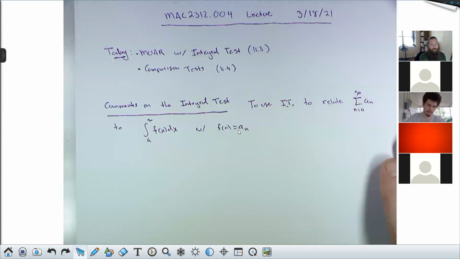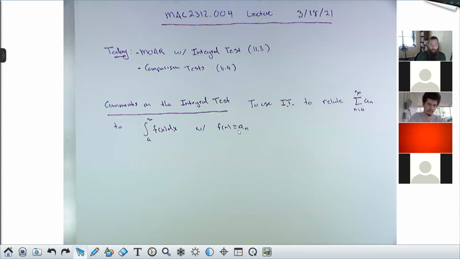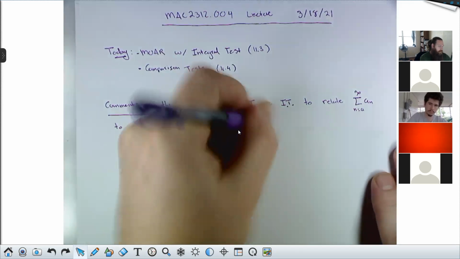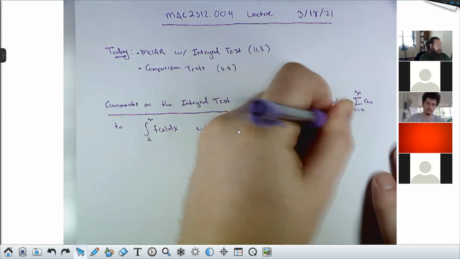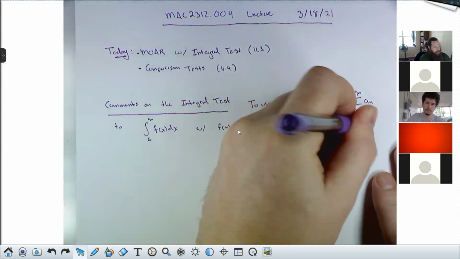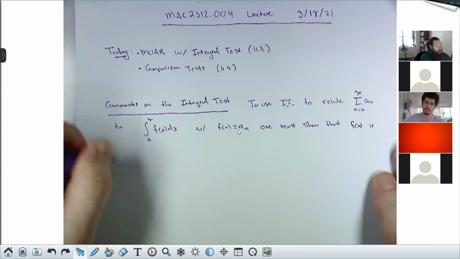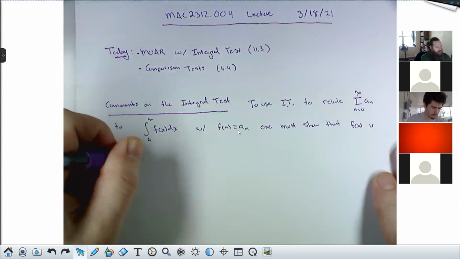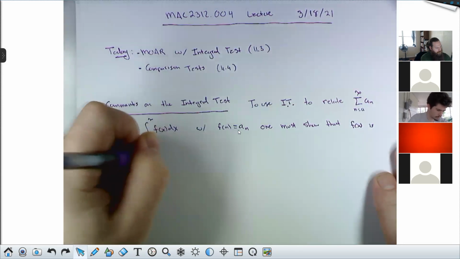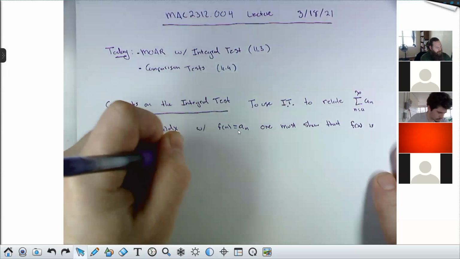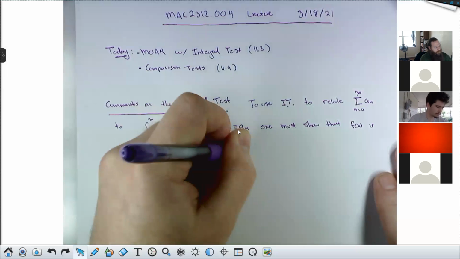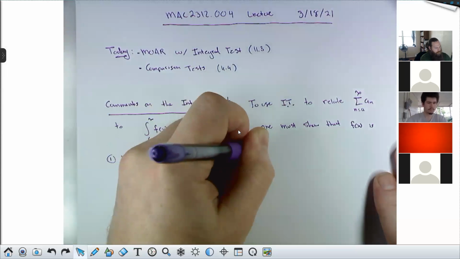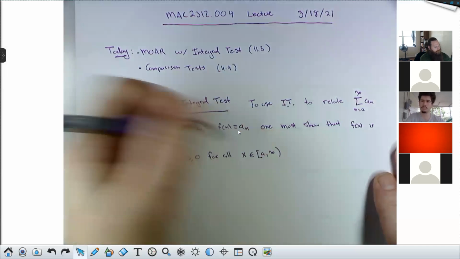So, to relate the series to the obvious related integral, one must show that f(x) is positive, i.e. that f(x) is greater than or equal to 0 for all x in the interval a to infinity.